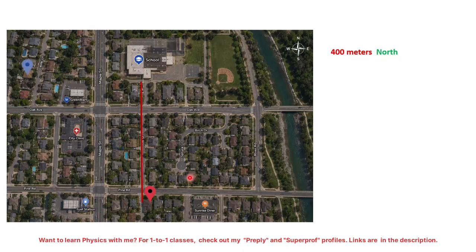Now suppose this is your friend's house, and if he wants to go to school, then he should follow this direction, 300 meters the distance, along the eastward direction. So this is the magnitude and this is the direction, east.